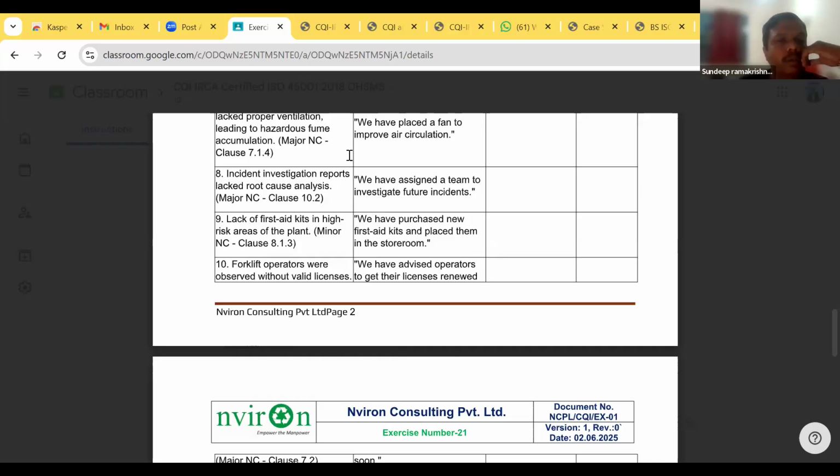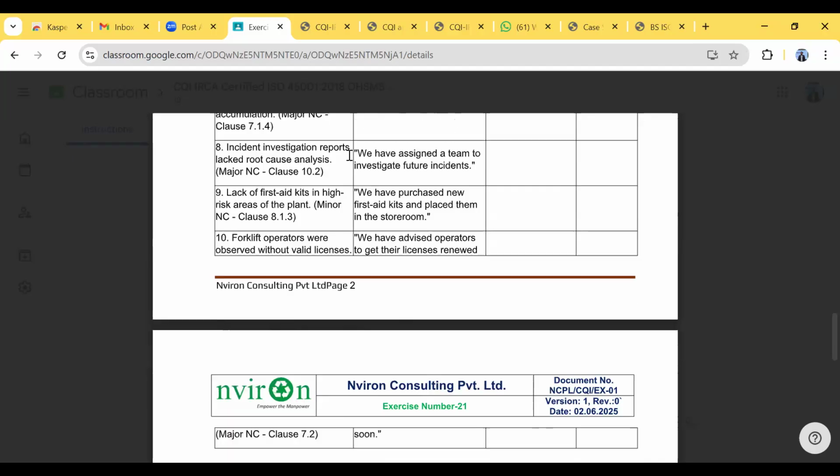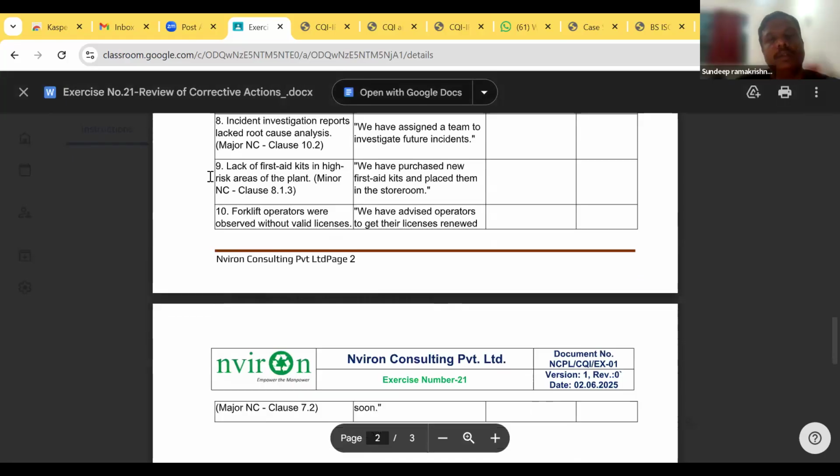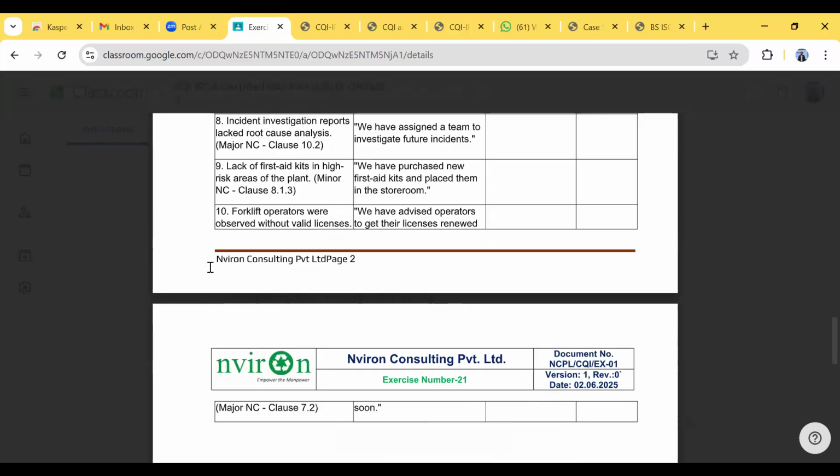Okay, why? Because according to ISO standards, the root cause analysis of past incidents should also be done. Because the root cause analysis of past incidents has not been done, the corrective actions are not implemented to avoid the recurrence of the past incidents. So all the root cause analysis of the past incidents should also be done.